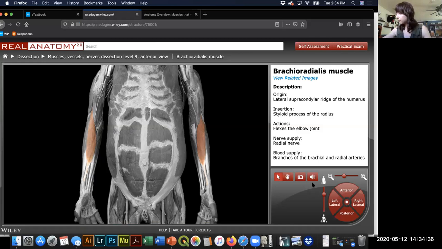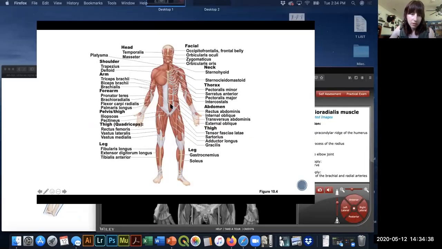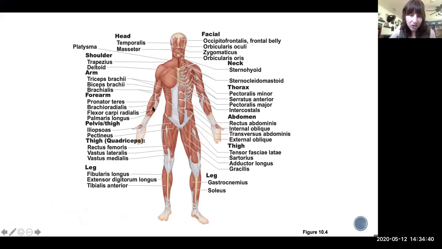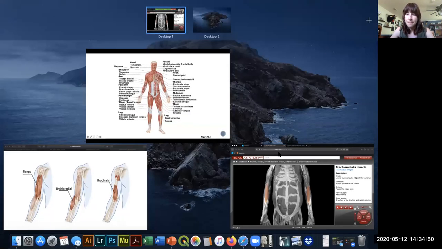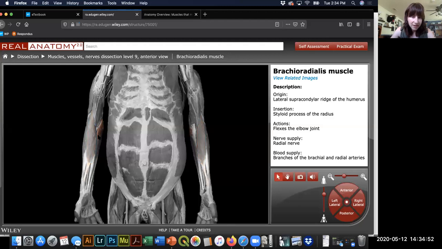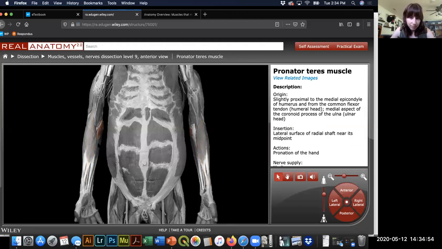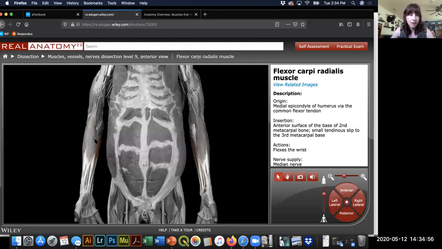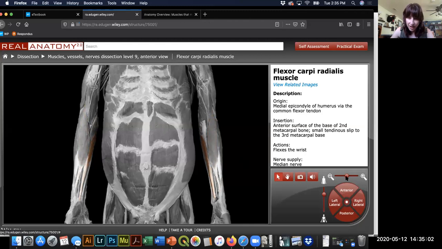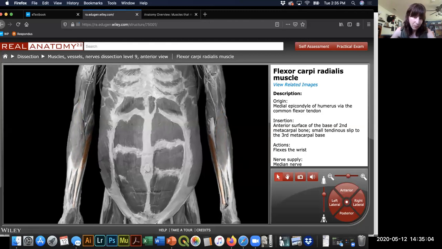And just medial to the Brachioradialis, you have the Flexor Carpi radialis, okay? So again, this is also a muscle that is associated with the radius, but it is just medial to the Brachioradialis. A little bit more difficult to see here because this guy isn't in perfect anatomical position, right?